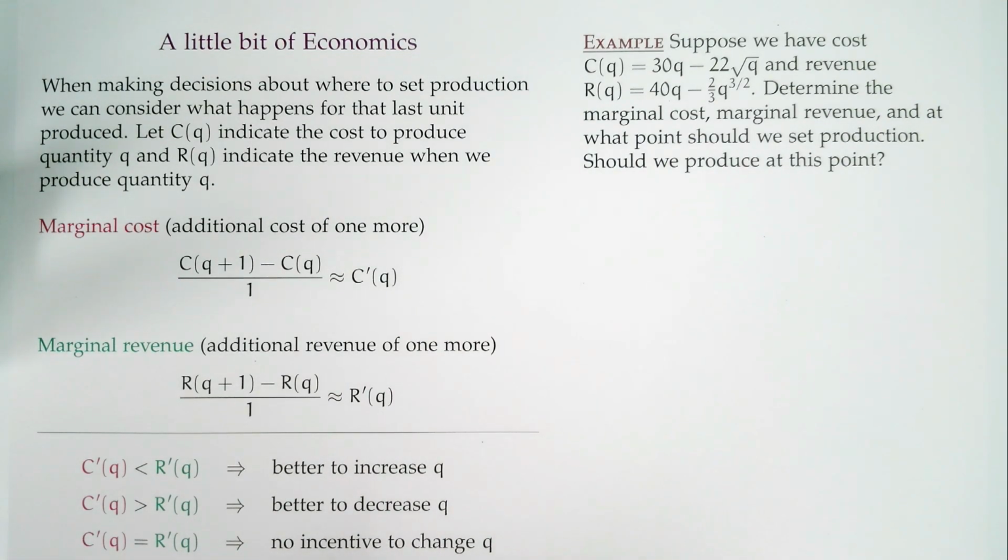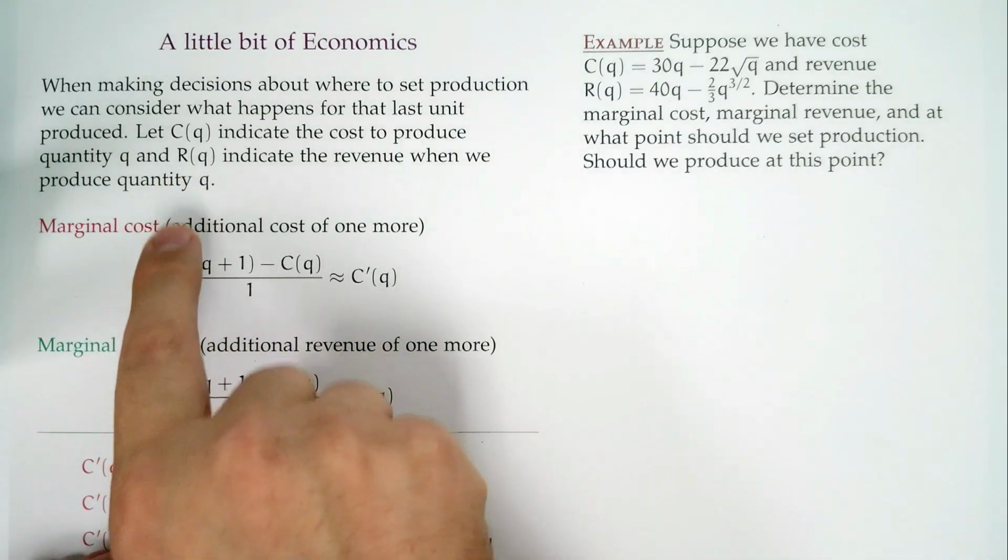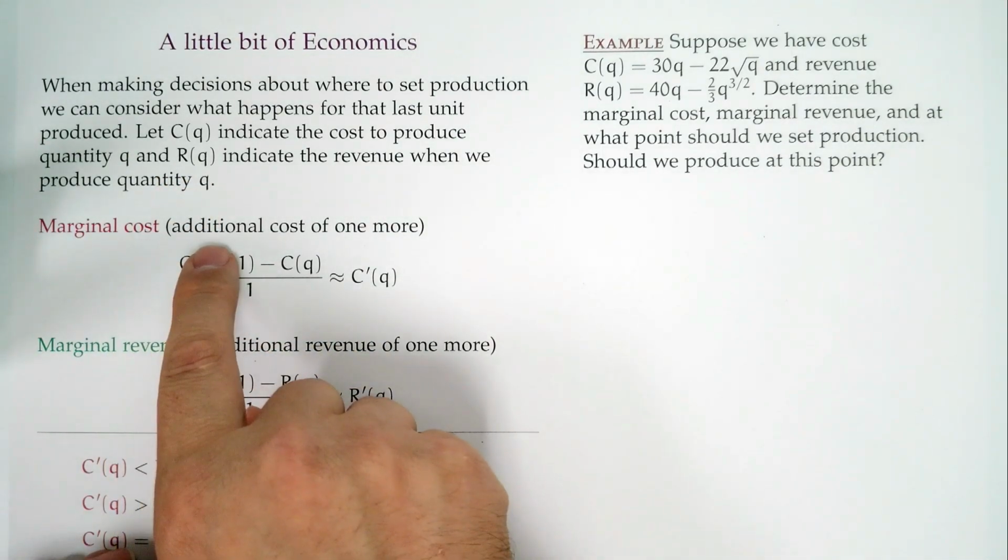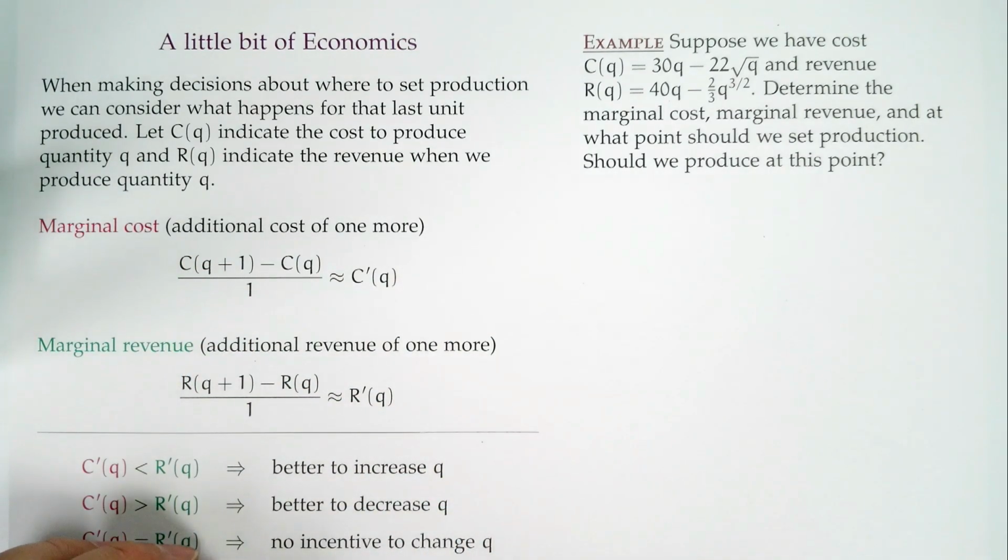So suppose you want to make decisions about how you set production. Now, your goal is to say, I want to make a lot of money. That's a good goal, especially if you're in business. So the question is, let's look at how much it costs for you to make your last unit, what we call the marginal cost. And why do we care about that?